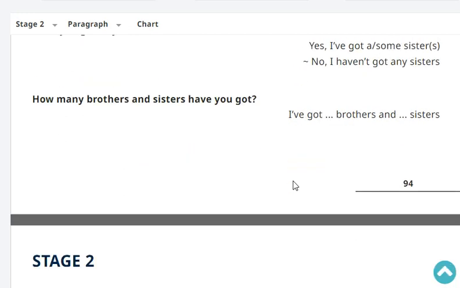How many brothers and sisters have you got? I've got no brothers and one sister. Very good. Okay. What's the difference between parents and relatives?